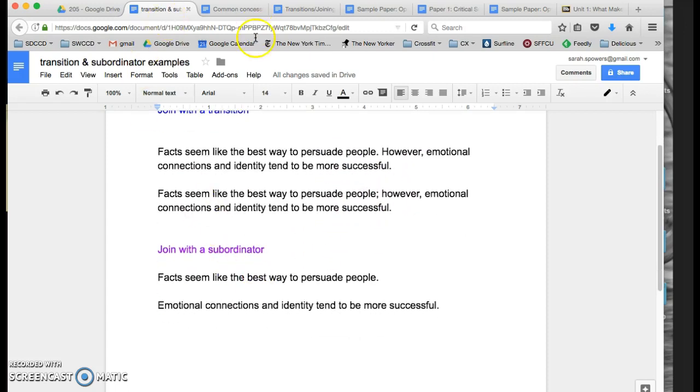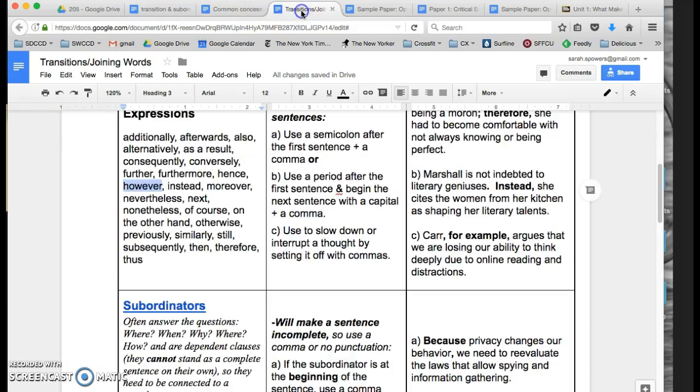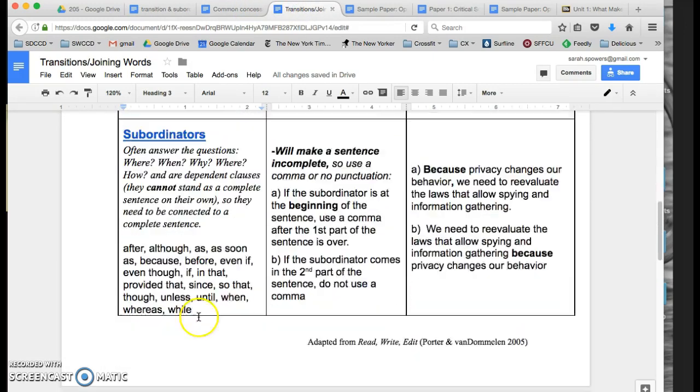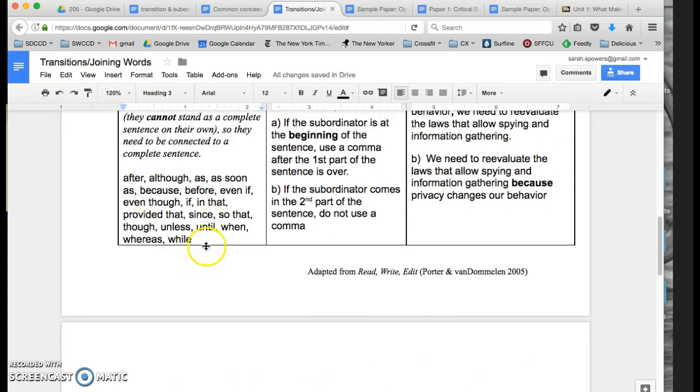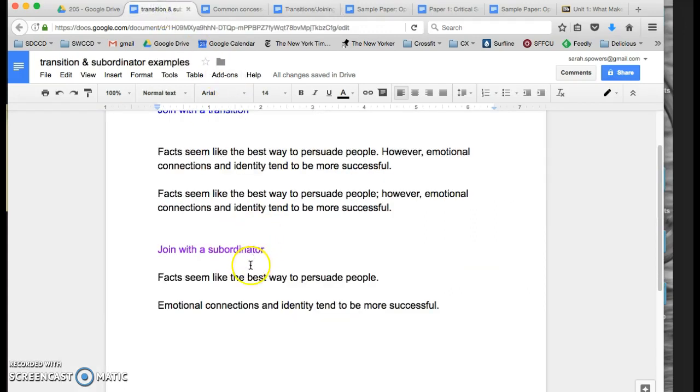How about subordinators then? So we can also join these two sentences with a subordinator. So we can look at some of the examples here, possible subordinators. I like maybe even though or although. So something like, how about this?